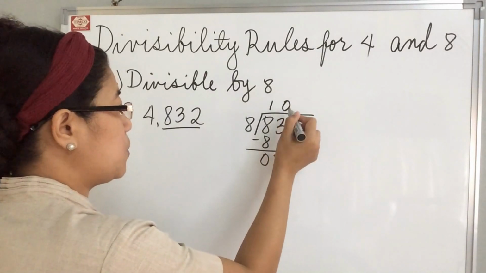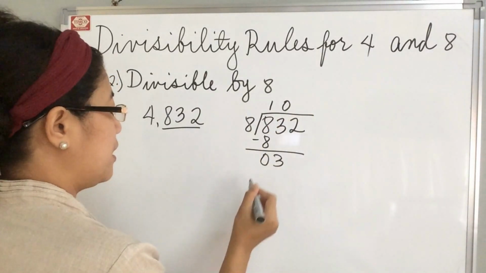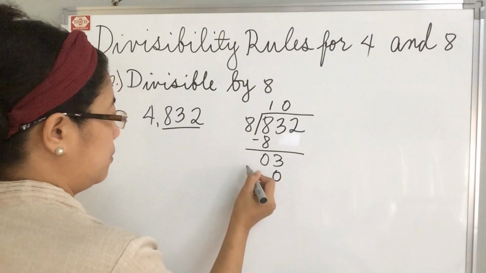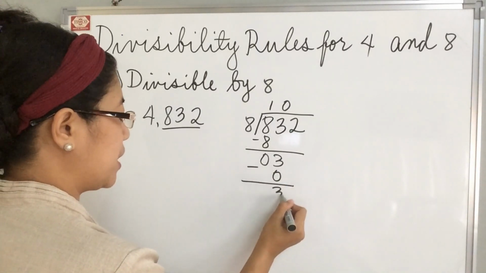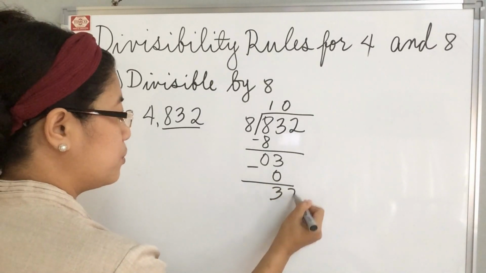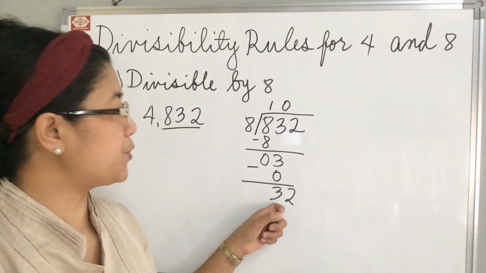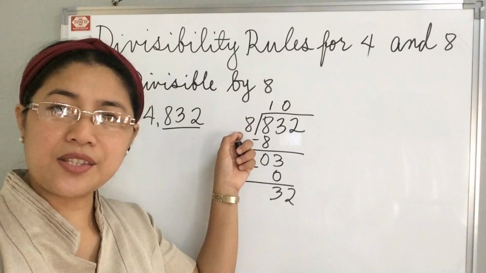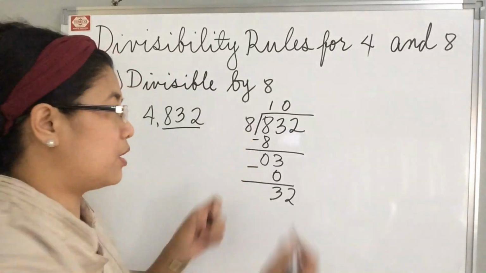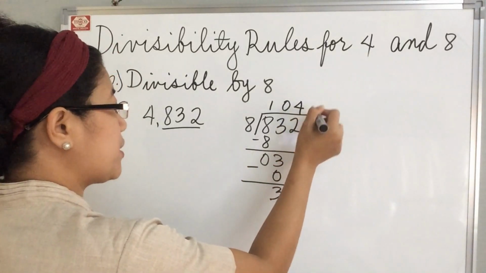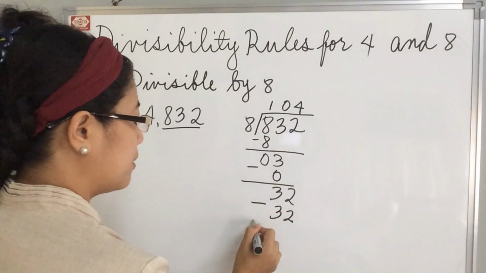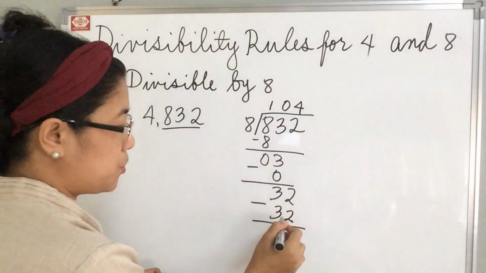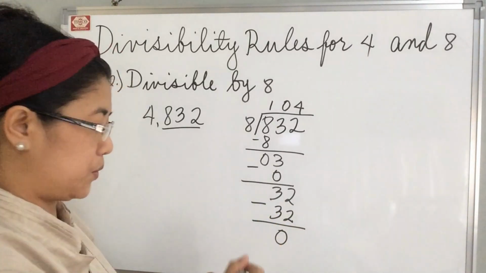Okay, so 0 times 8 is 0. Subtract. 3 minus 0 is 3. Bring down 2. So 32 divided by 8, what's the answer? 4. Very good. So 4 times 8 is 32. Subtract. 32 minus 32 is equal to 0.